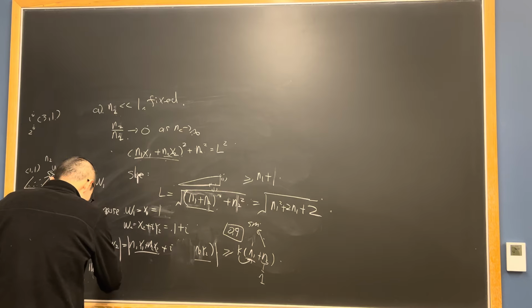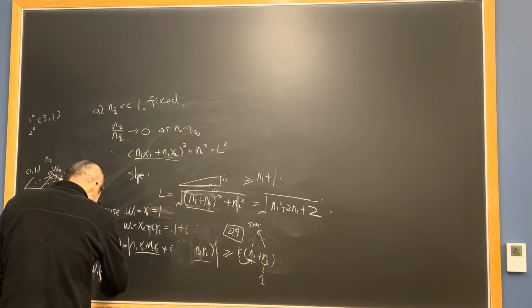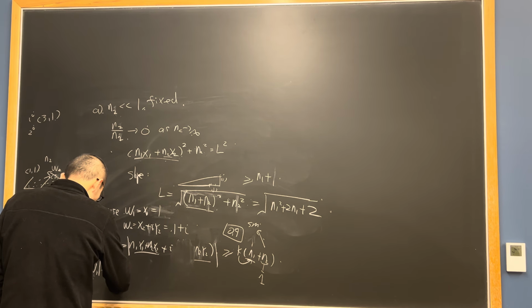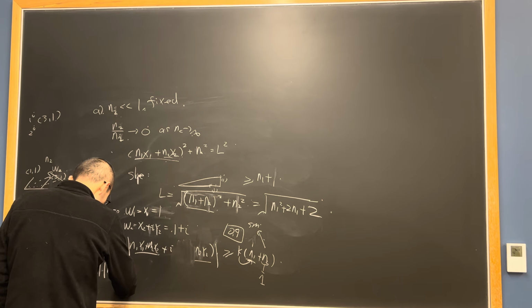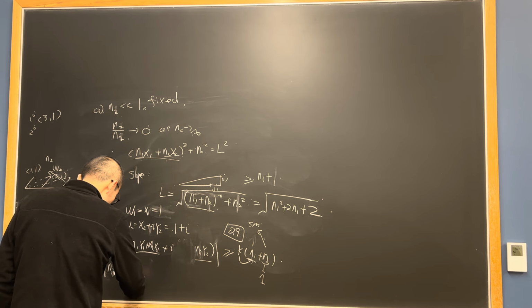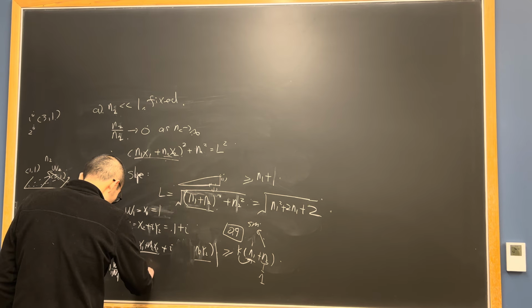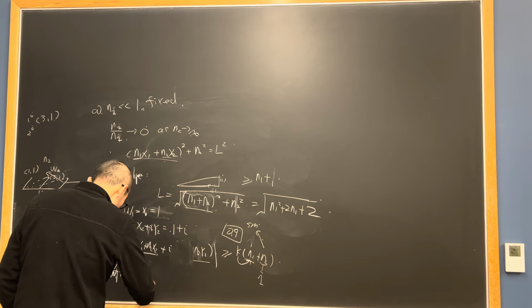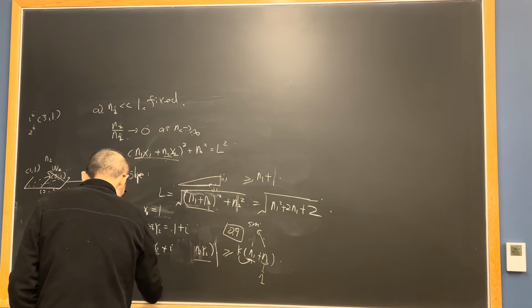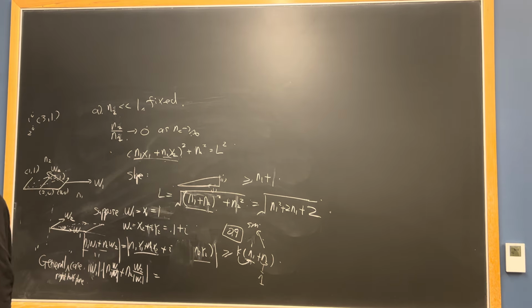Times the modulus of n1 omega 1 over the modulus of omega 1 plus n2 omega 2 over the modulus of omega 1.